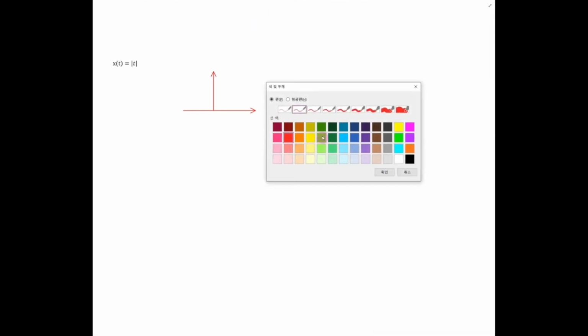Okay, let's consider this kind of function, the absolute value of t. Then we can plot the function over here. Let x(t) be in the time domain.